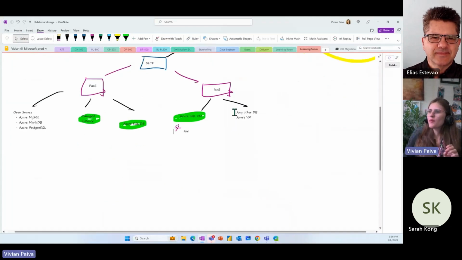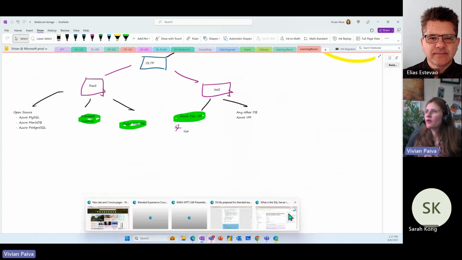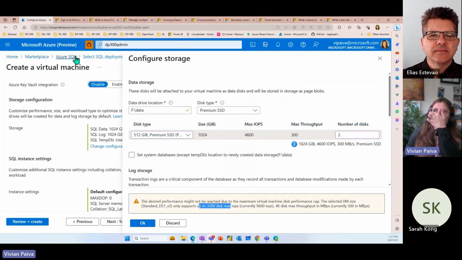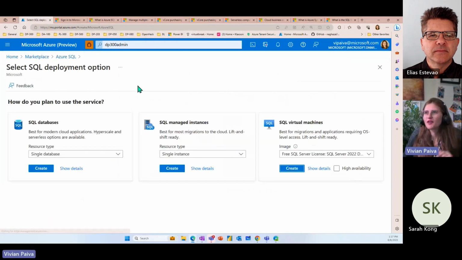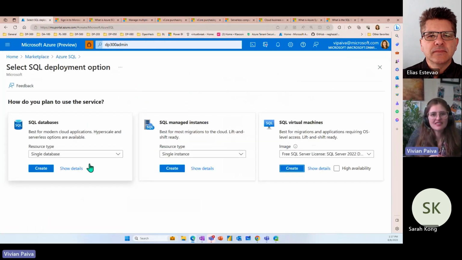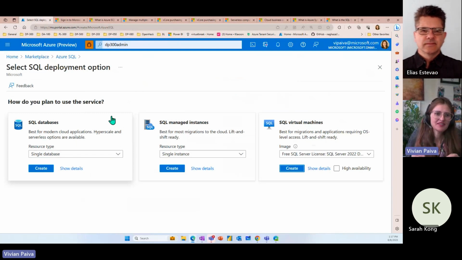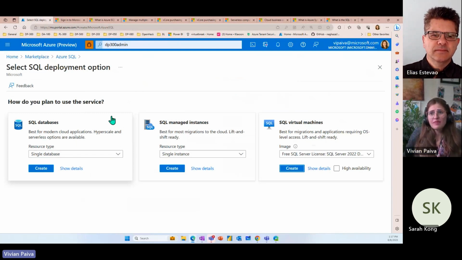So if we go back there, let's expand a little bit more on the other options that are not IaaS, so fully managed service, part of PaaS. So we have Azure SQL Database and Managed Instance. Managed Instance is when we want to, for example, remove the overhead of maintenance or the patching, all of this administrative work, and we need compatibility at instance level.